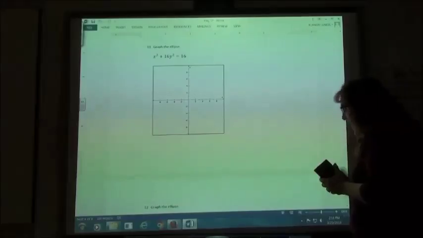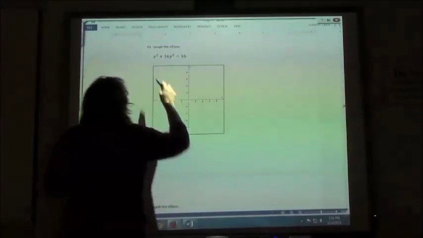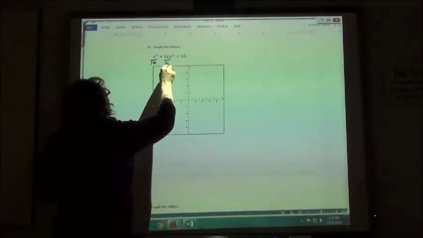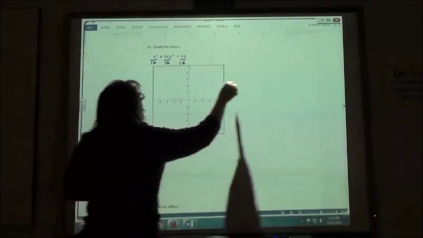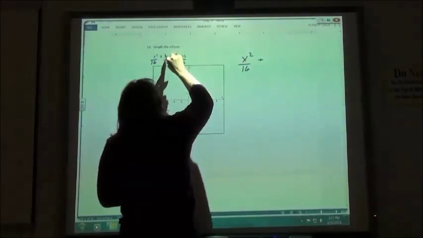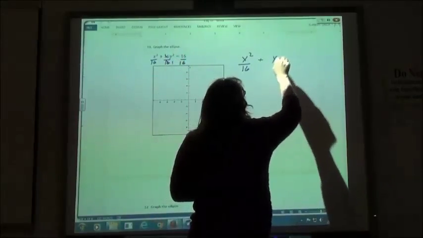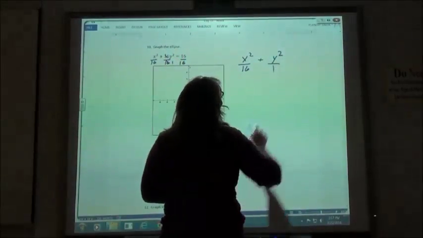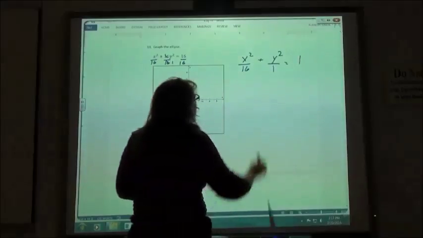So on number 11, we're going to divide by 16. So we're going to have x squared over 16 plus, this is going to be 1, so just to remind you, it's y squared over 1 equals 1.